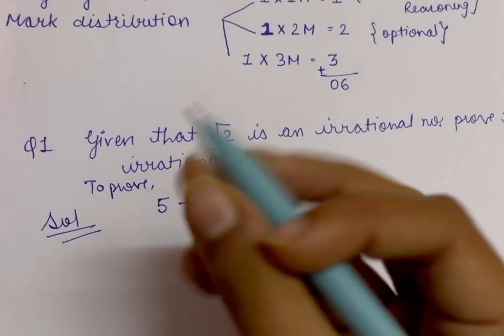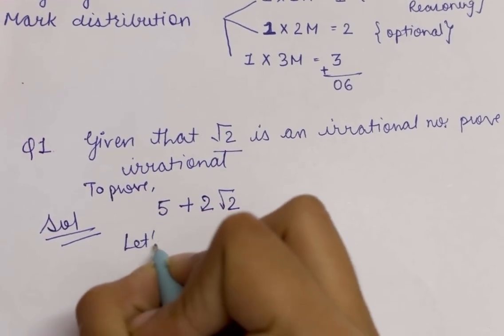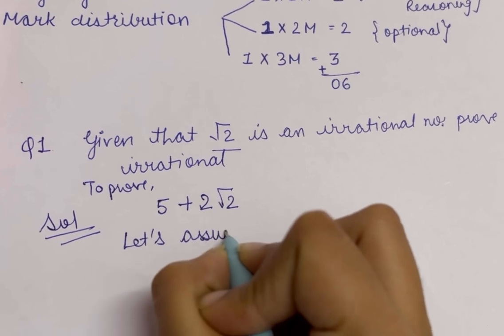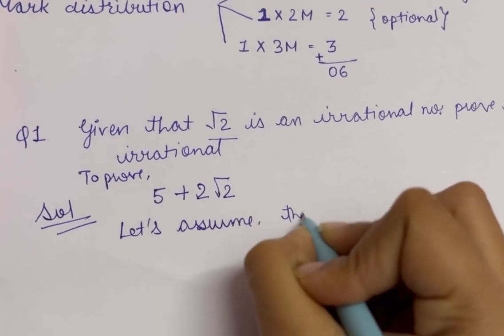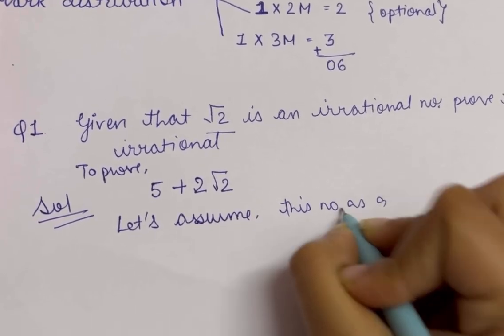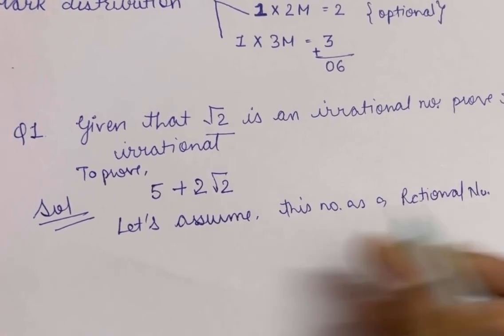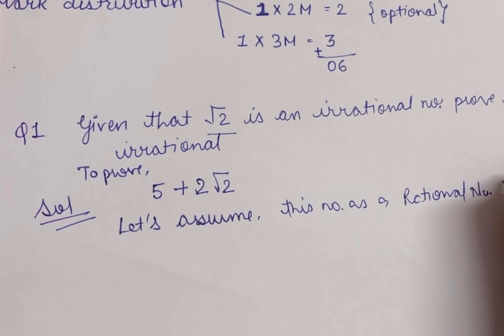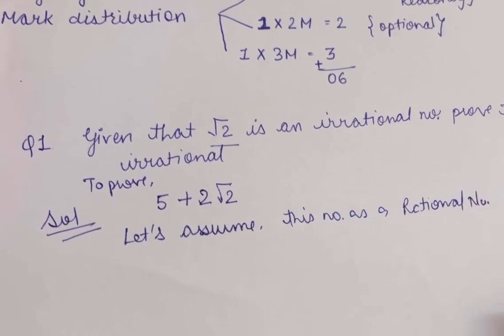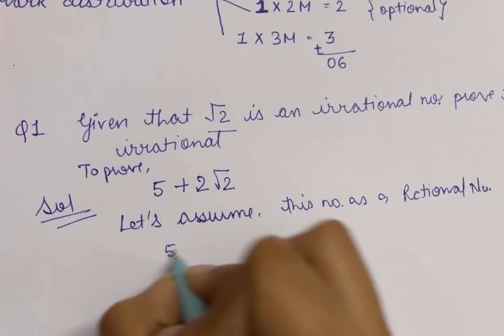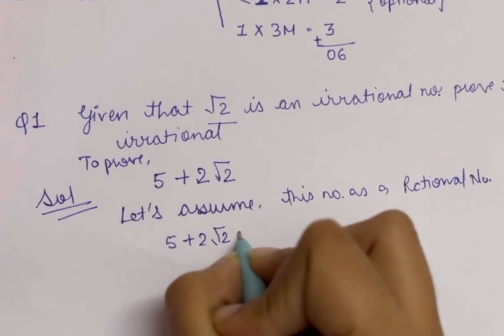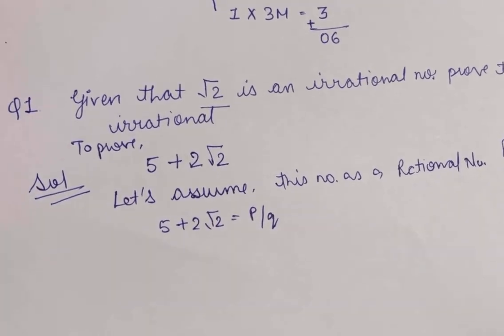So first of all, let's assume this number as a rational number. You know that all rational numbers are in the form of p by q. So we'll be equating this value as p by q.